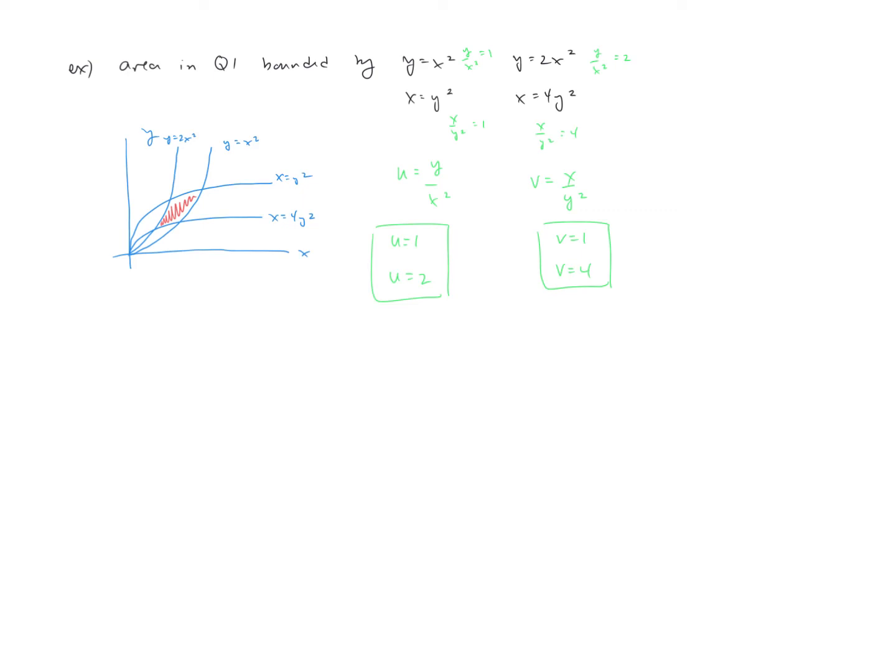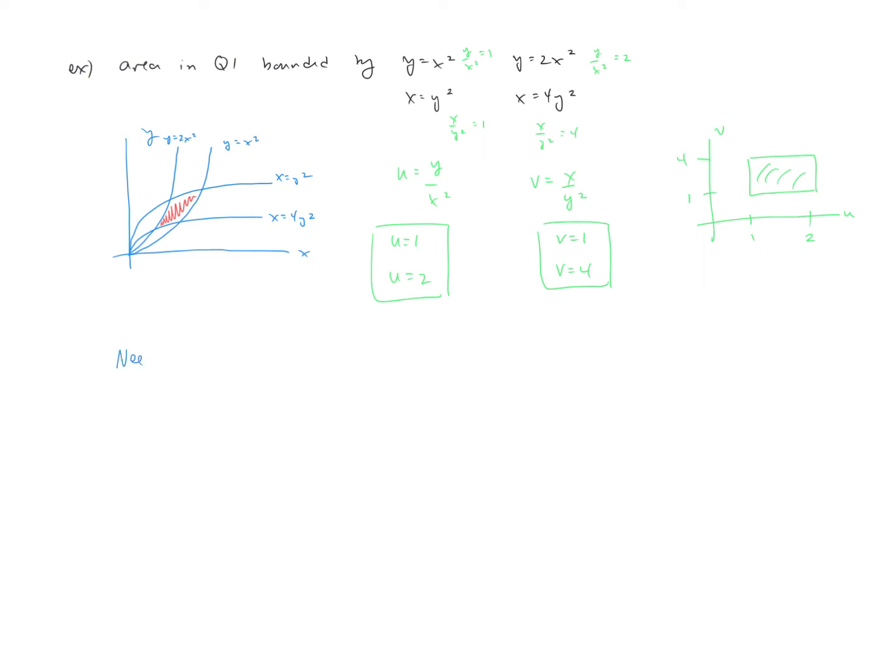That new region in the UV plane would be from 1 to 2 on the u-axis and 1 to 4 on the v-axis. So much like the last example, we're looking pretty nice here, dealing with a rectangle with all constants.